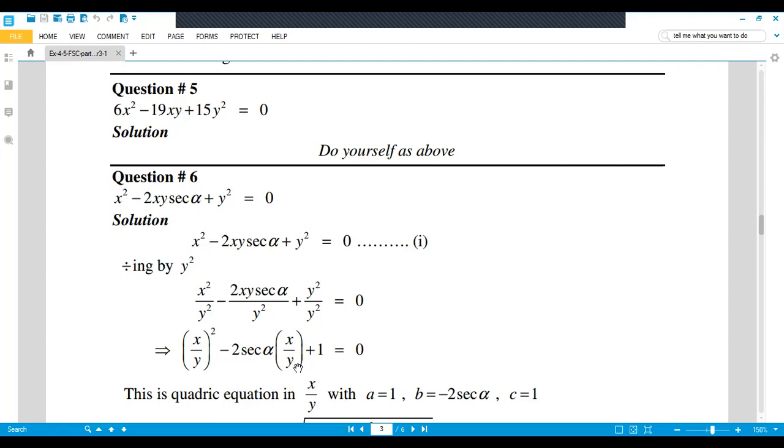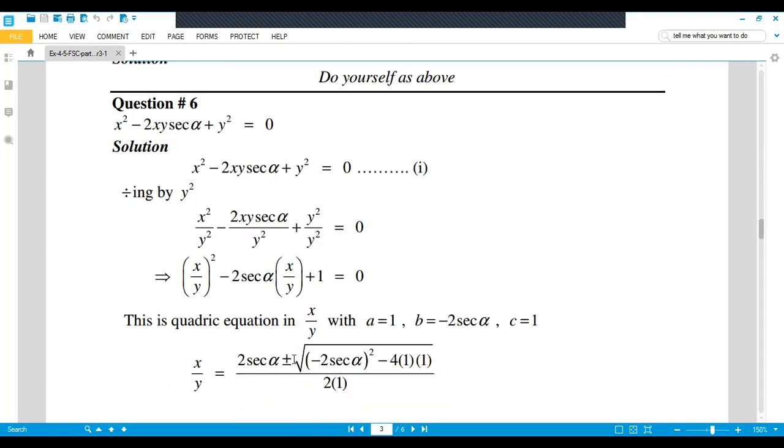This is a quadratic equation in x over y with a equal to 1, b equal to minus 2 secant alpha, and c equal to 1. Because you can't factorize this equation by the pq method, you use the quadratic formula. Quadratic formula, you know, is minus b plus minus under root b square minus 4ac divided by 2a.